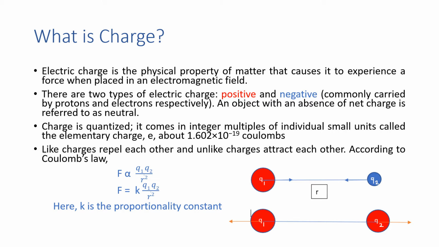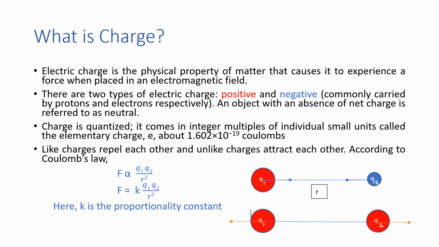We know that masses attract each other, but the difference between the electric force and the gravitational force is that there are two types of electric charge, positive and negative, but there's nothing such for mass.